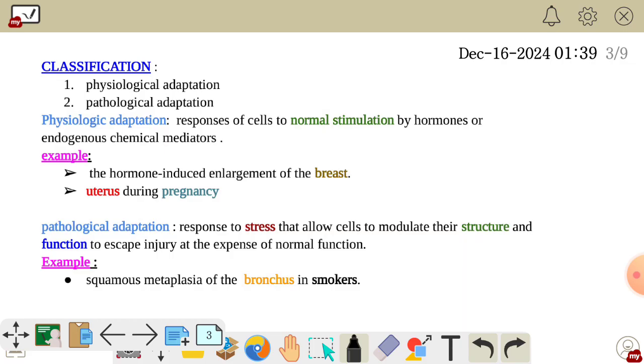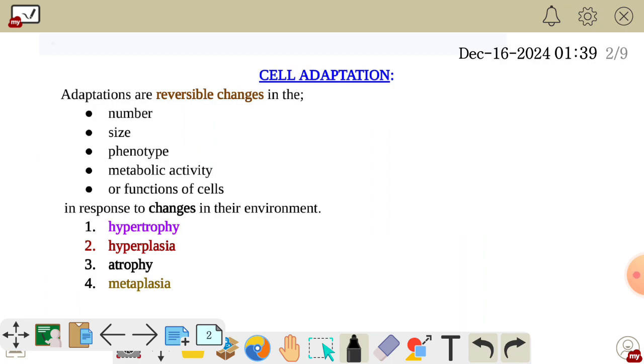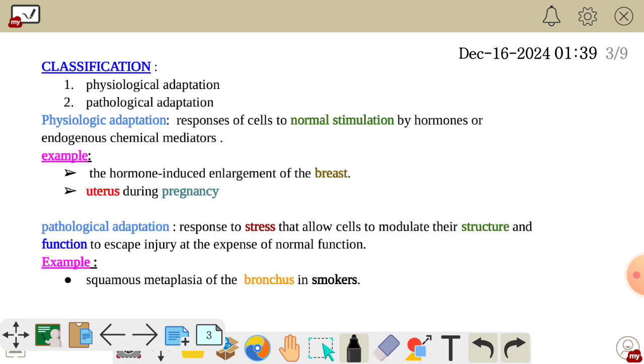So growth factors can come and stimulate a cell to change. Okay, so to change, either to increase in number, size, or in its phenotype, or it can change in the function of that cell.